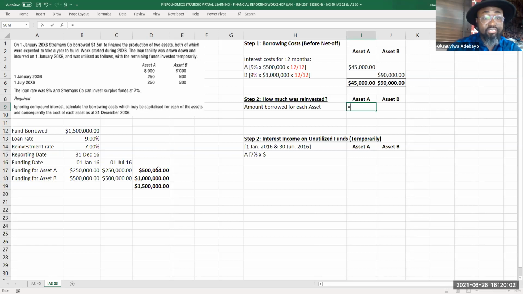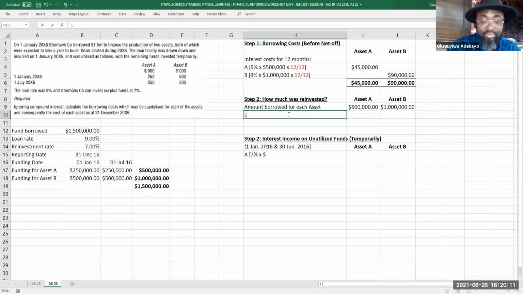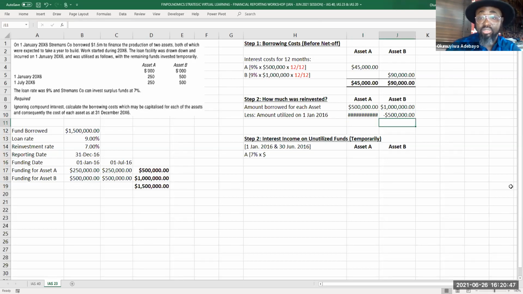How much was borrowed for each asset? 500 and 1 million. Less amount utilized on 1st of January 2016. The amount utilized, which we gave the contractor, was this amount as at this date for asset A, and this amount for asset B.